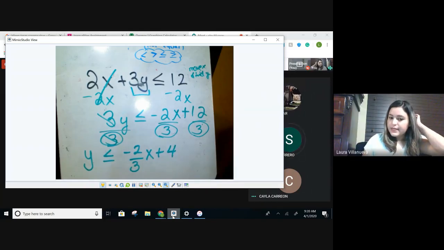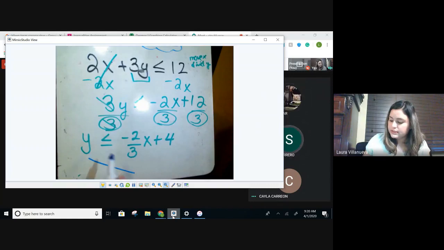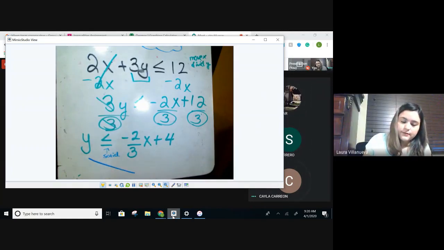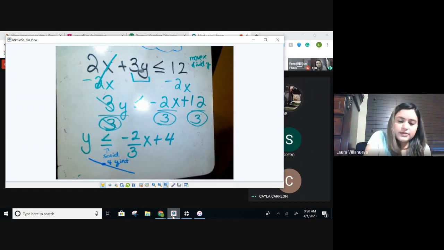So this is actually a negative line, and it's solid because it has the line. And it passes at 4. This is your y-intercept. And you're going to shade in the bottom of the line.